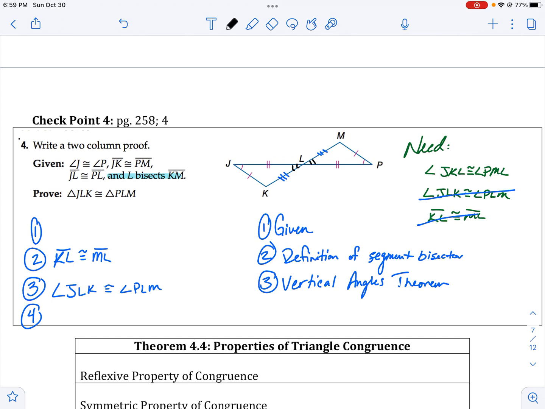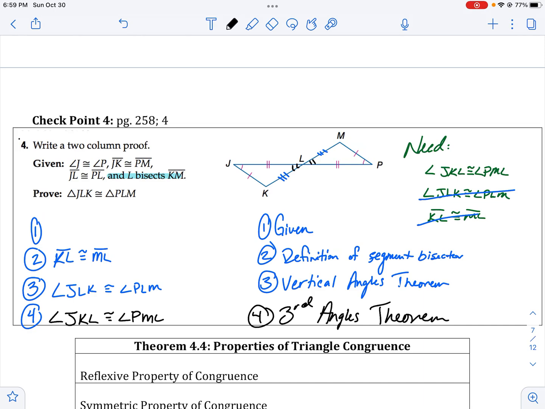And if you're looking for our last proof, that third angles theorem should help me there. And then finally, my step 5, which I'm not going to fill out here because I don't have any space.